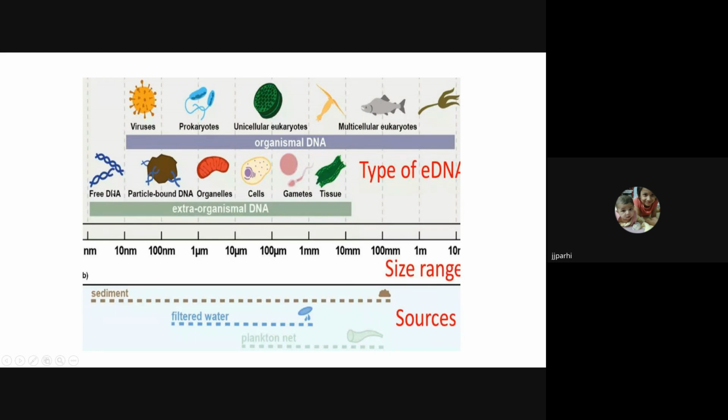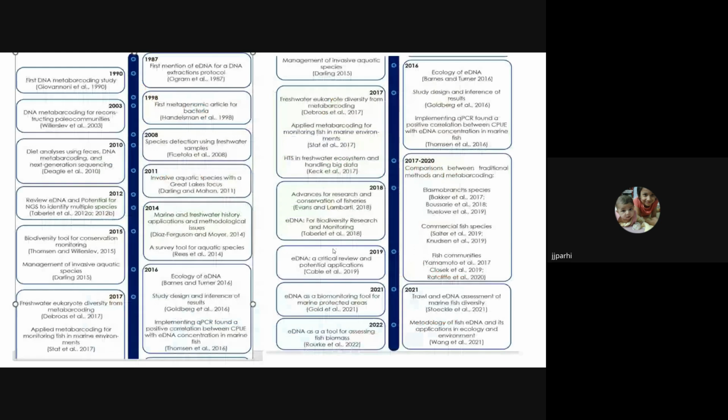Either it is free DNA, particle-bound DNA, organelles, cells, or gametes and tissue; they are all part of the eDNA. When the size is very small, we use sediment, and if it is bigger, we can collect it from filtered water or from a plankton net. These are the ways we can collect.